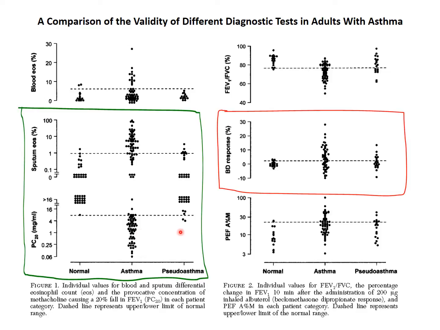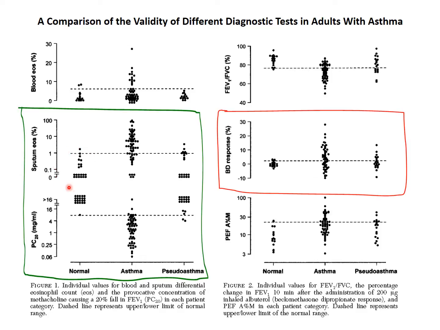And the asthma-like symptom people, most of those had a negative challenge, and a couple had a positive challenge. And that can show you that methacholine does have some false positives. Actually, if you do it on enough normal people, you'll get people that are false positive. Next, we'll look at the sputum eosinophil counts.